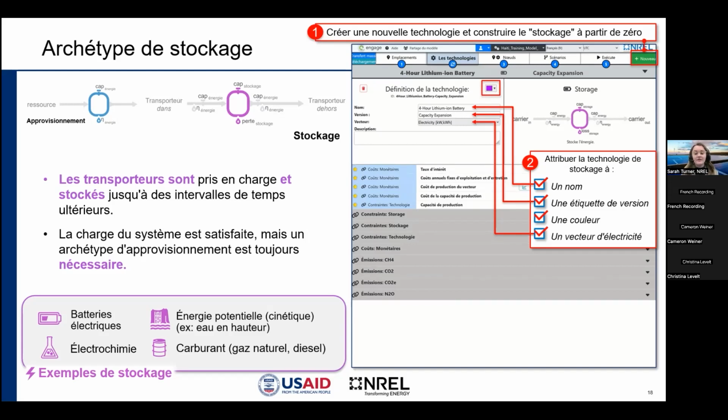In other words, a storage technology can never create a new carrier, which is why a supply technology is always necessary to model the storage of any carrier. For our model, we will create a 4-hour lithium-ion battery that can store any additional electricity from our solar panels when production is high.